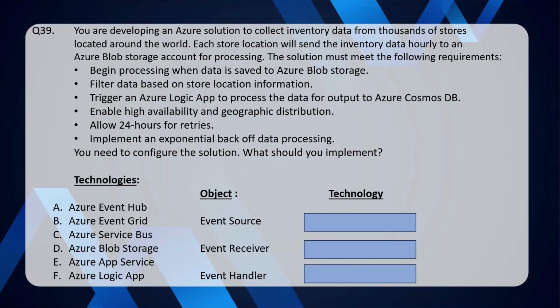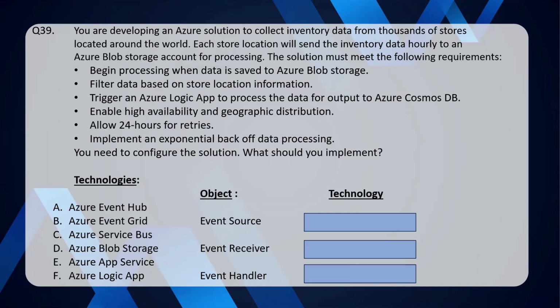The solution must meet the following requirements: begin processing when data is saved to Azure Blob Storage, filter data based on store location information, trigger an Azure Logic app to process the data for output to Azure Cosmos DB, enable high availability and geographic distribution, allow 24 hours for retries, and implement an exponential backoff data processing. You need to configure the solution.